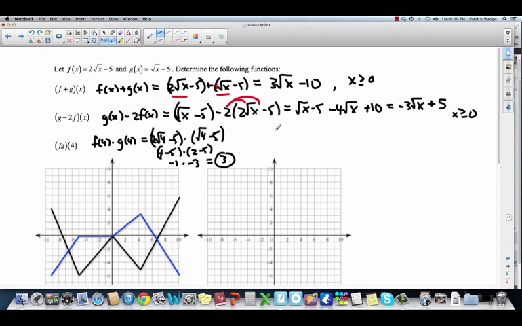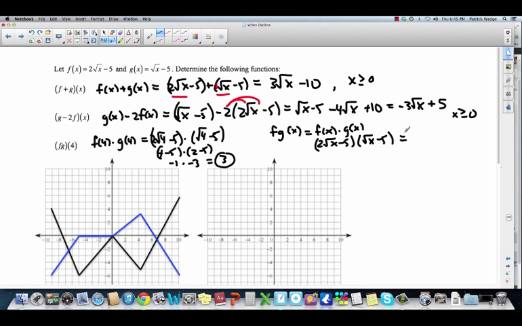The other way you could do it, again quickly, is you could figure out fg of x first, and then plug in the 4. If you're going to do that, and this will show you it takes a little bit more work, you'd have to find f of x, and then multiply by g of x. f of x is 2 root x minus 5. g of x is root x minus 5. If you do mountains and valleys there, 2 root x times root x.